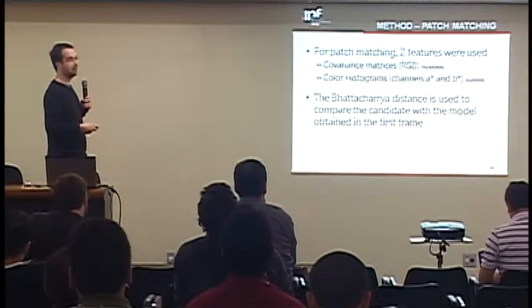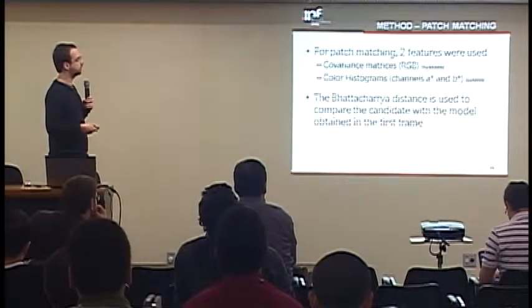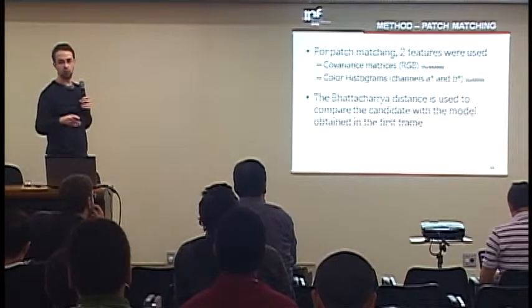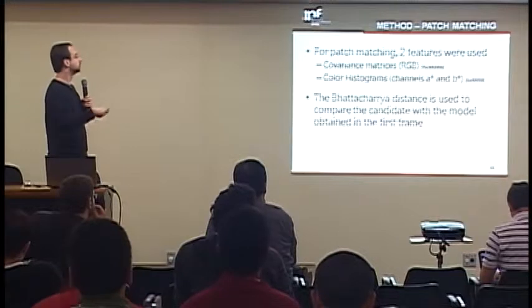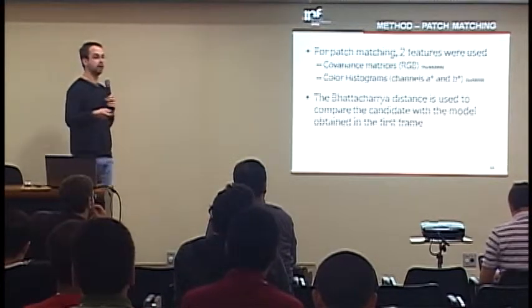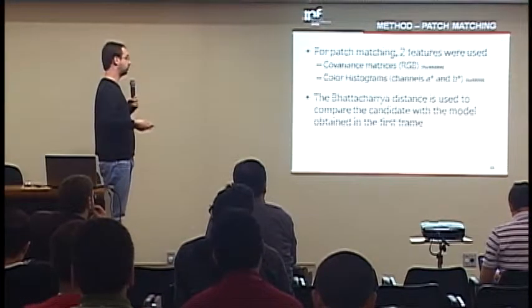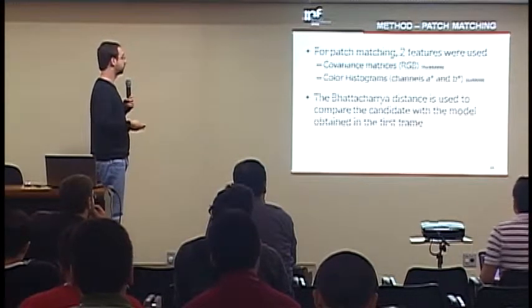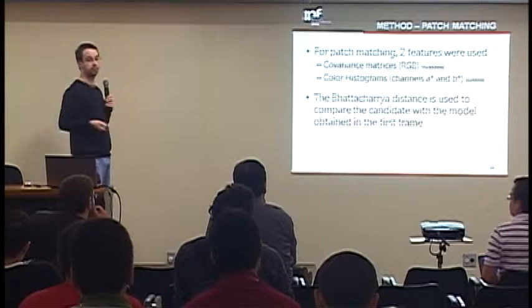And here we have lab images, and we use only the A and B channels because the L channel is sensitive to illuminations. Okay, so we're going to compare each candidate with the model that we compute in the first frame. And for both cases, we use Bhattacharya distance.